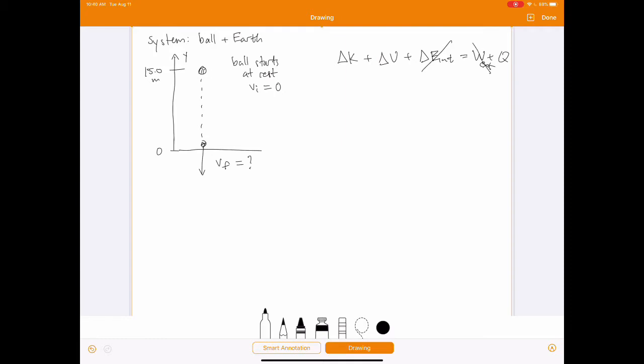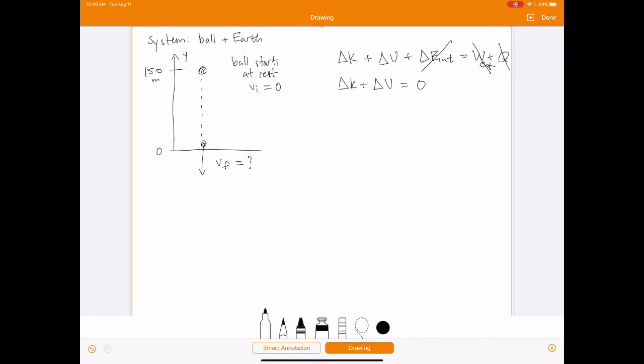Well, no, because we've accounted for gravity by including the Earth in our system, so there's no outside force doing work. What about heat? Well, there's no heat flow in this problem that we have to worry about. So actually, this reduces to delta K plus delta U is equal to 0.